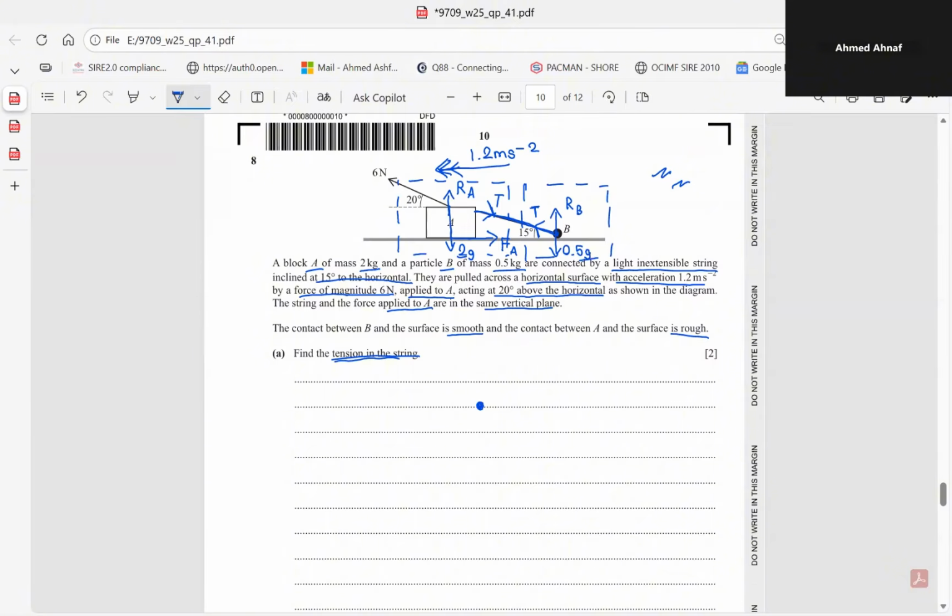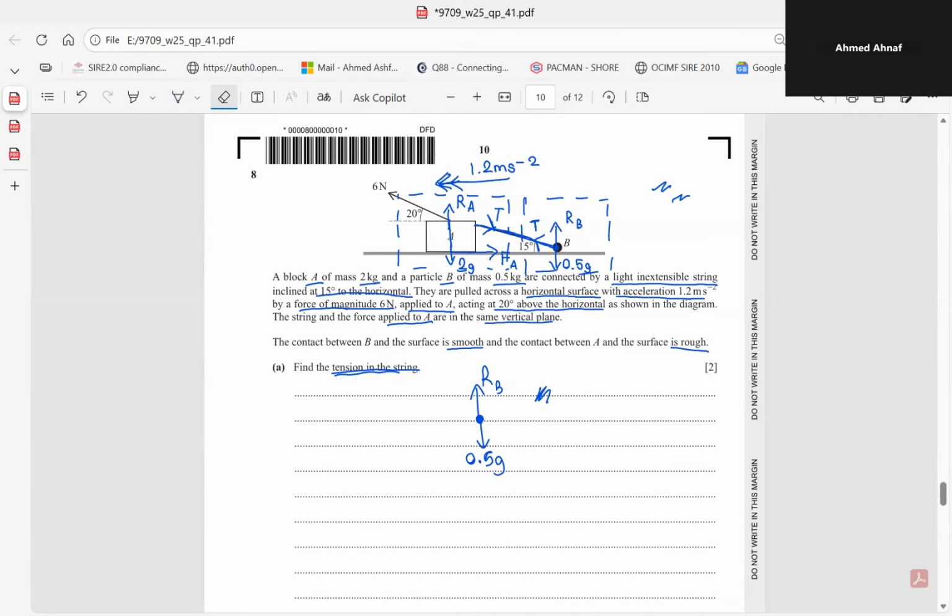The forces acting on B are its weight, which is the mass 0.5 kg times G, and RB, the force acting up. And the tension acting at an angle of 15 degrees.